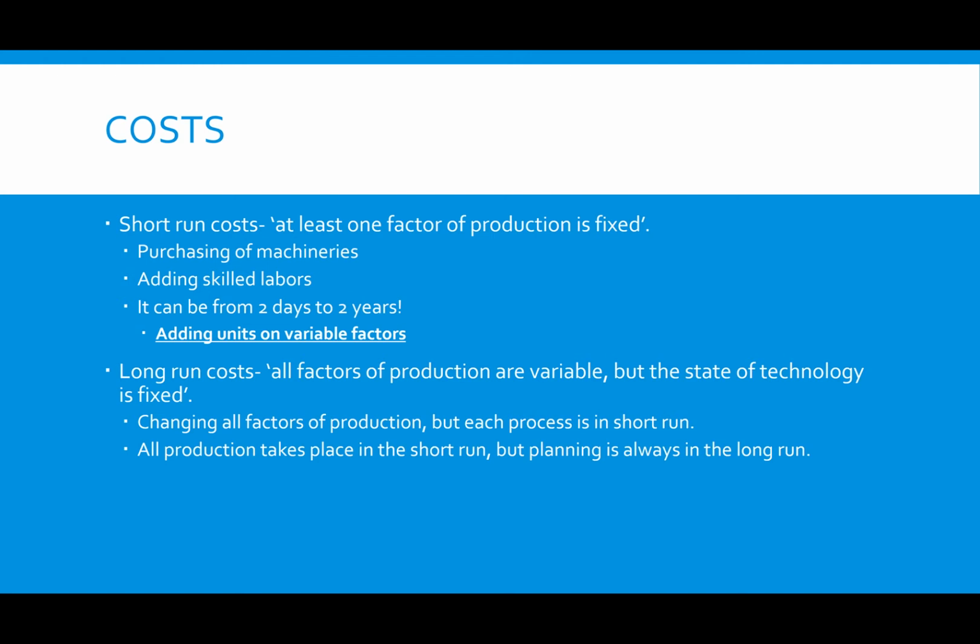It never happens during the actual process of changing factors of production. Why? Because it is virtually impossible to change all factors of production at the same time. It is impossible to hire new employees and build new factories and so on. This is only in the planning stage.